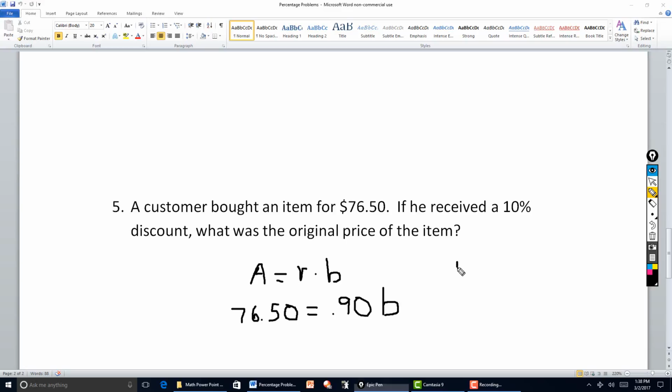So the base is going to equal 76.50 divided by 0.90. These divide out. 76.50 divided by 0.90 is equal to 85, and that's, of course, in dollars.